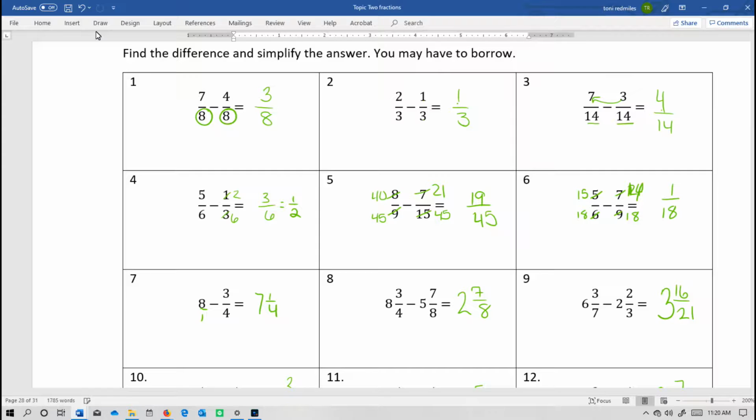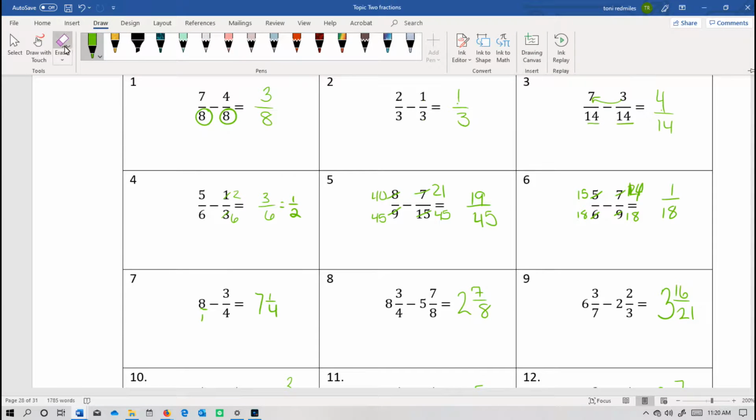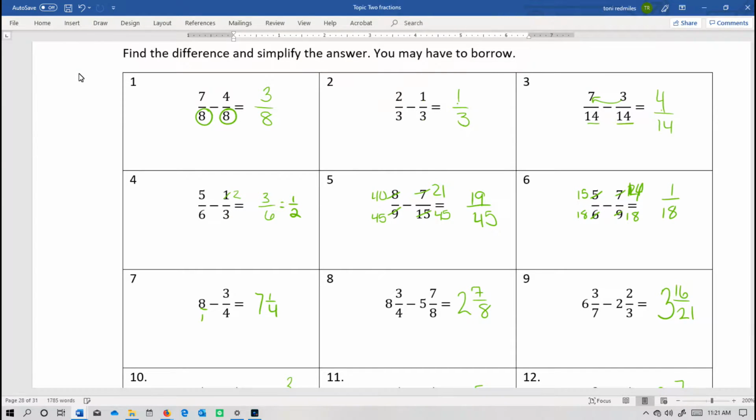Is there a little more work involved? Yes. But don't stress out over this one little skill. All right, so I'm going to erase what I did here. So if you're looking at your paper and you're like, I didn't get those common denominators, that is all right.